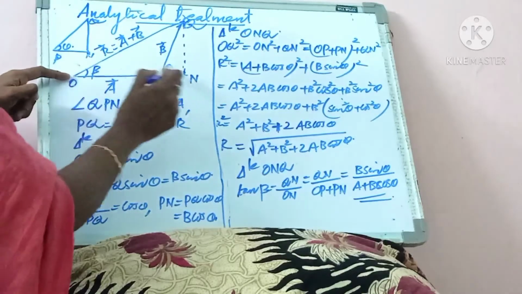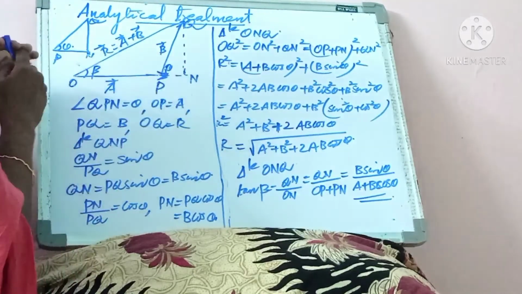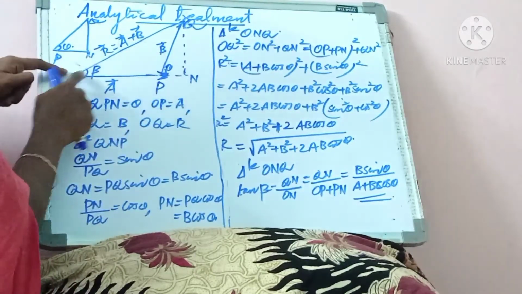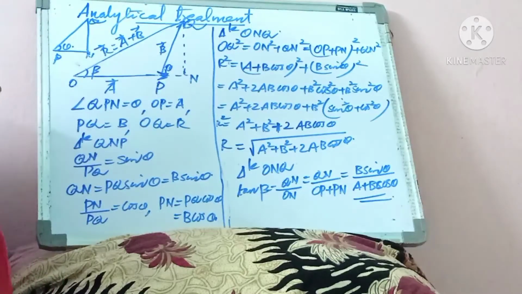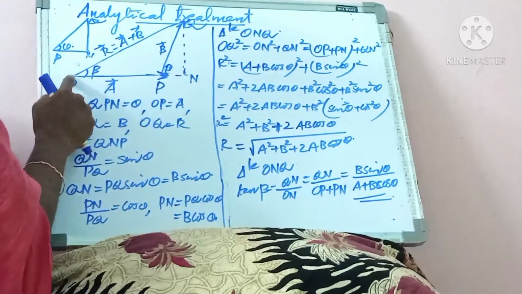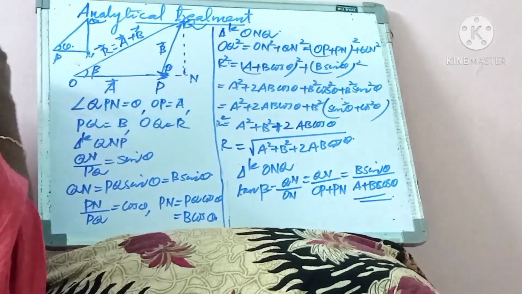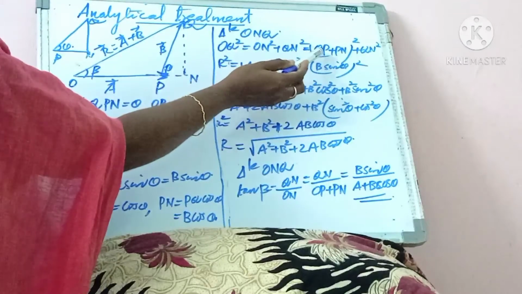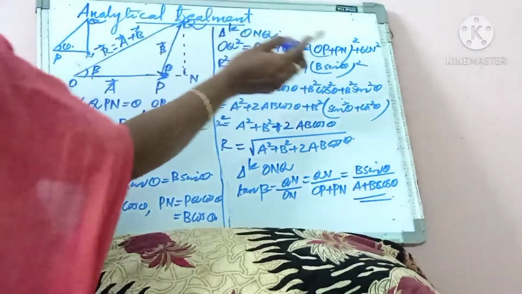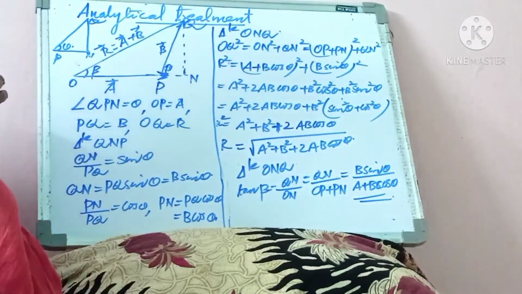Here ON can be written as OP plus PN. So instead of ON, we can write OP plus PN, the whole square, plus QN square.